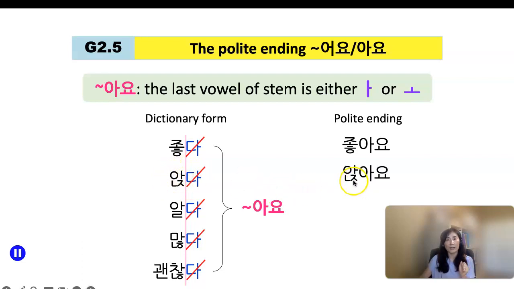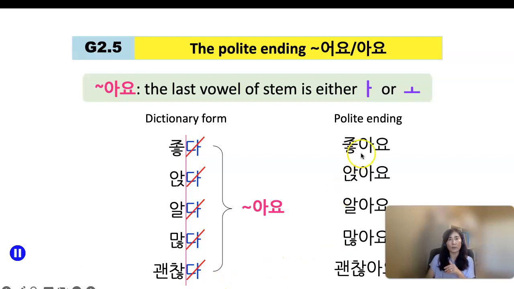It becomes 앉아요. Please be careful when you pronounce this. 안, and then the second consonant is carried over. It becomes the consonant of the second syllable. It's pronounced 앉아요. 알아요. 많다, same thing. 많, attach 아요. It's pronounced 많아요. Here it is silent.